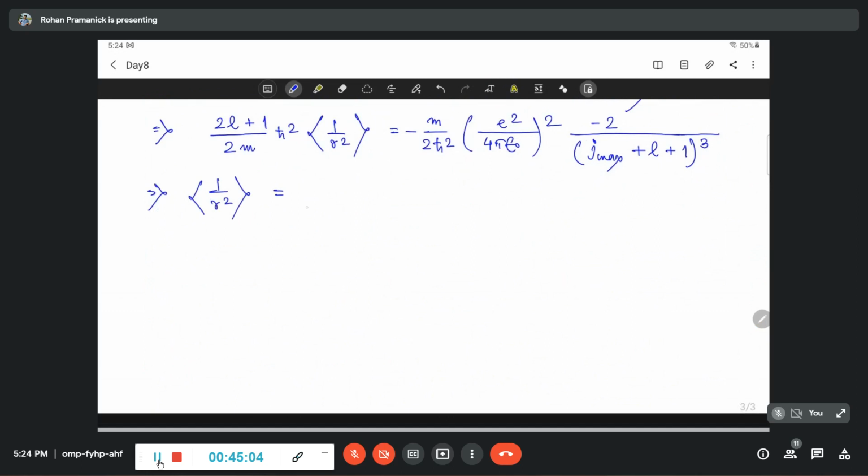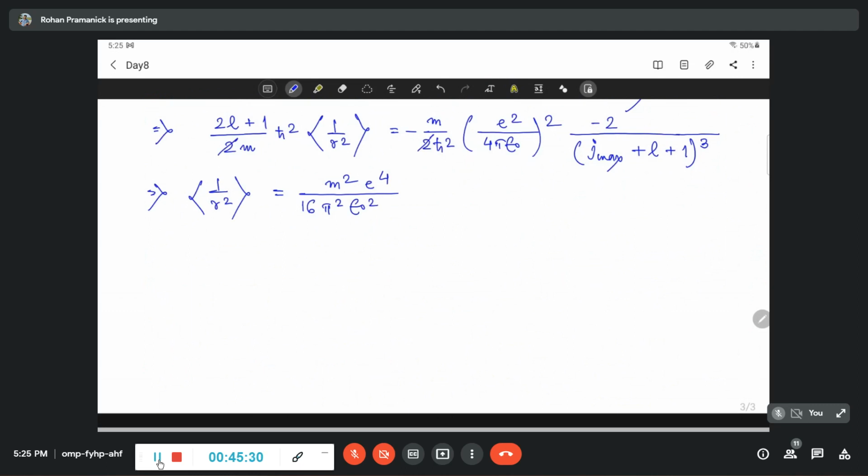Okay. So this gives you m square up. Then you have e to the power 4. Then you have 4 pi epsilon 0 squared. So that is 16 pi square epsilon 0 squared. And then you have these 2 and these 2 cancels. This minus and this minus will become plus.